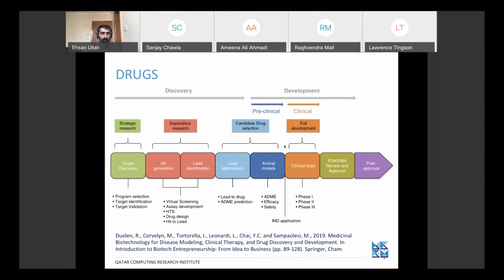ADME stands for absorption, their metabolism, their excretion, and then the molecules which have passed this stage are used in the animal models to check in vivo studies, and the molecules which have been tested in the animal models become the candidate drugs, and then they move to the next stage, in which the clinical trials and approvals from different drug authorities are performed, and then they move to the market.